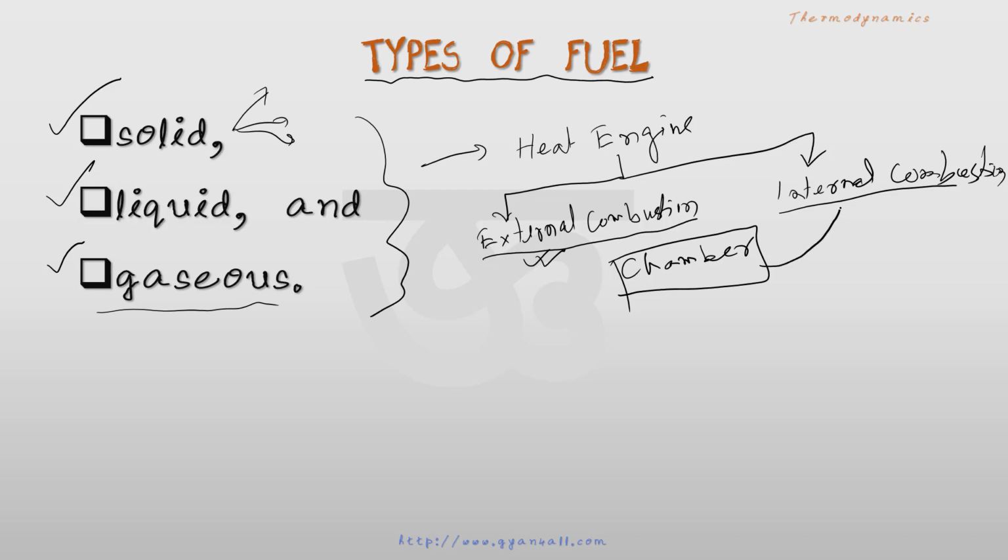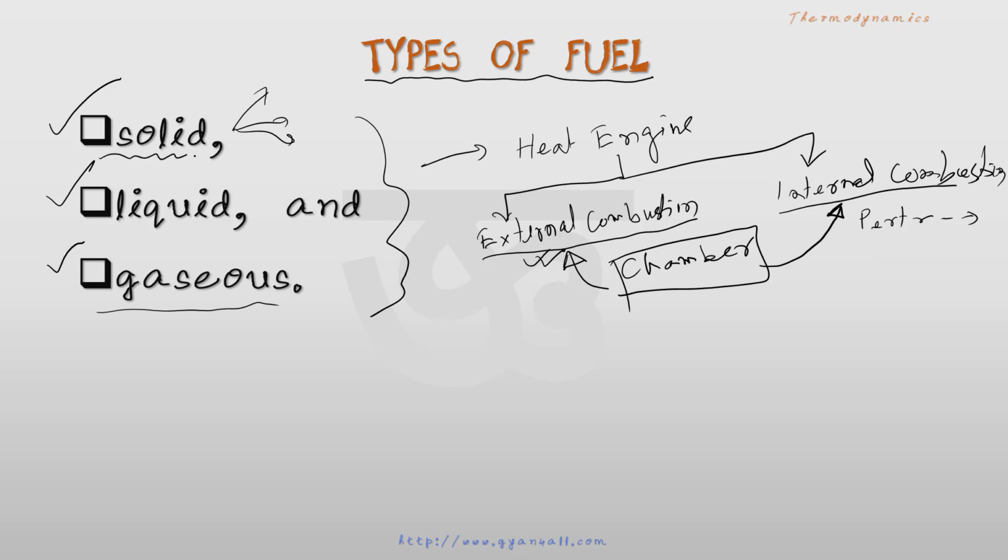In an internal combustion engine the fuel is burned inside the cylinder and piston arrangement, which is part of the system. So combustion in an external combustion engine takes place outside the system. Internal combustion engines include petrol engines, diesel engines and many others.